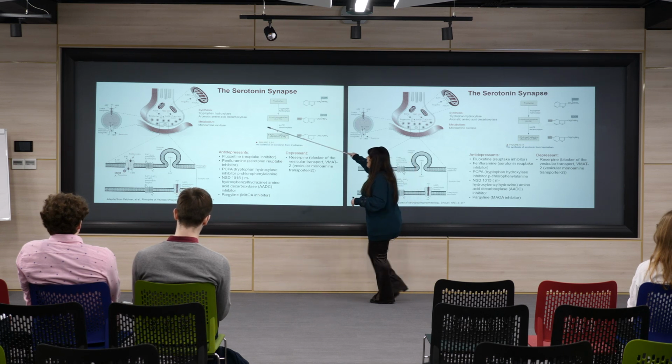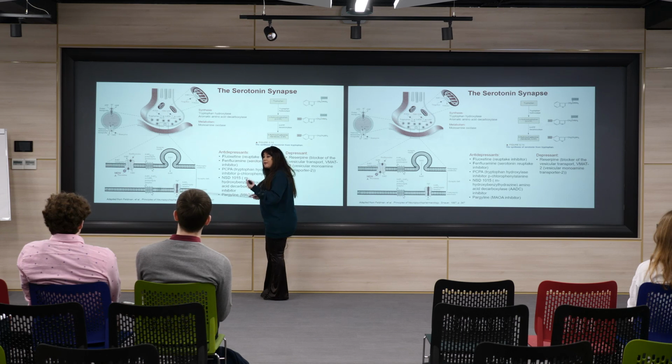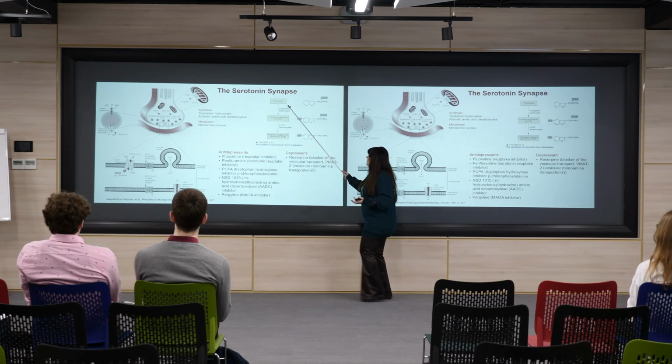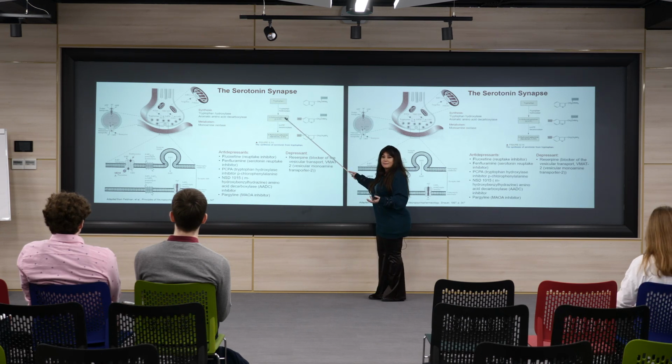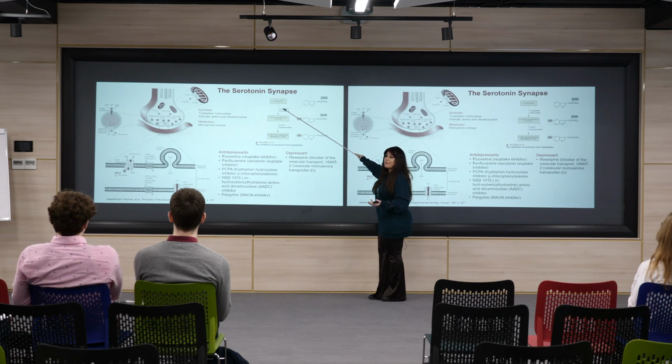And this happens here. So if you want to modulate serotonergic system, you need to modulate this, maybe. This is an enzyme. This is converting this from this. So this enzyme is mediating this conversion.